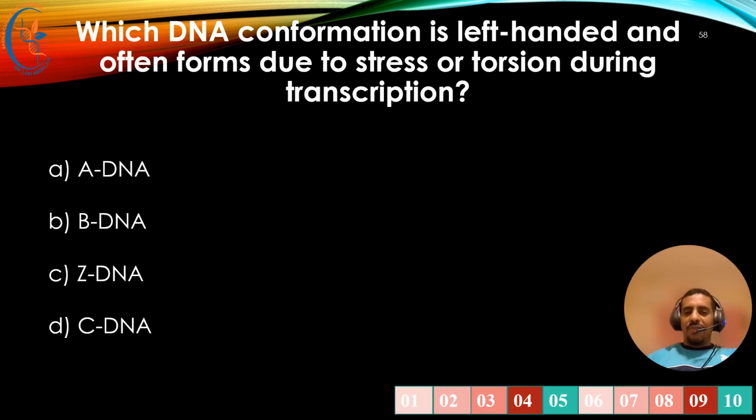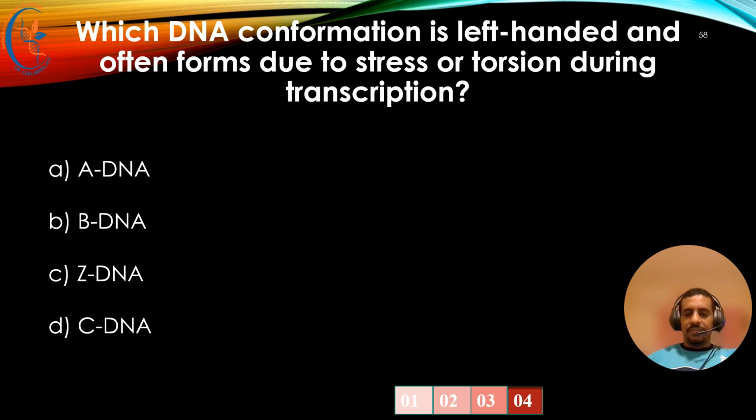Which DNA conformation is left-handed and often forms due to stress or torsion during transcription? Which one of them? A, B, Z, or C DNA? You have 10 seconds. All right.